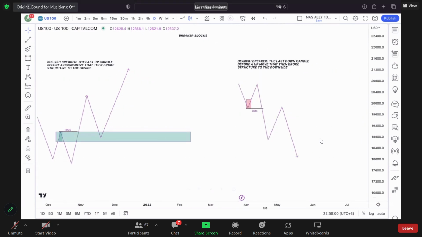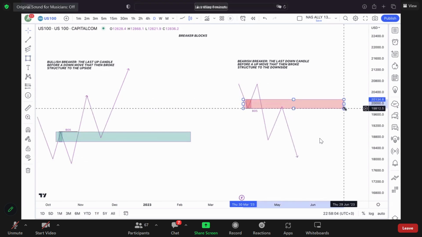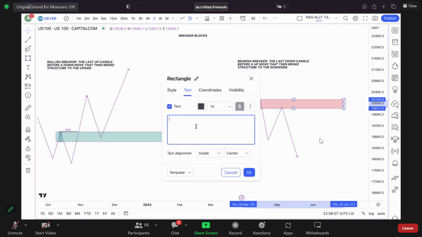Now this level becomes a pivotal point for them to basically continue the move.